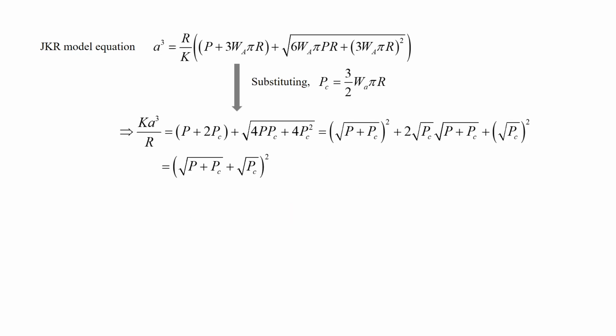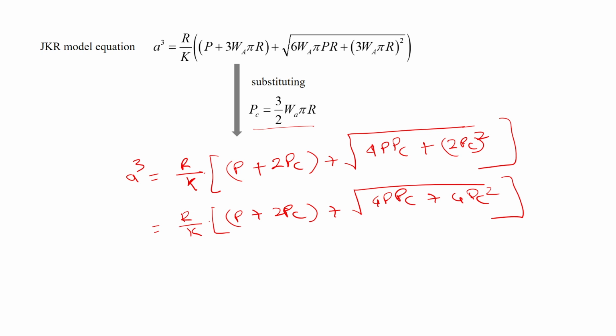So, one can further write it as R by K and this is P plus Pc, square root, whole square, plus square root of Pc, square root square.